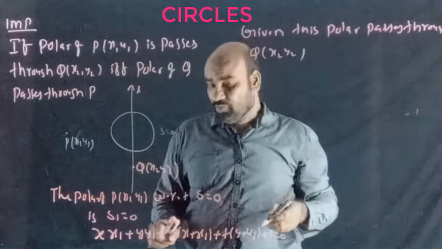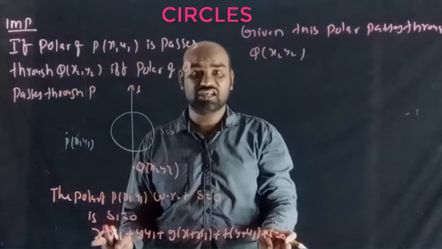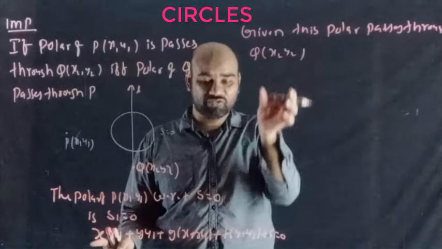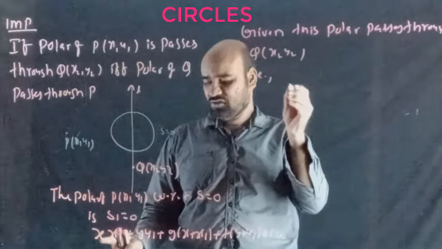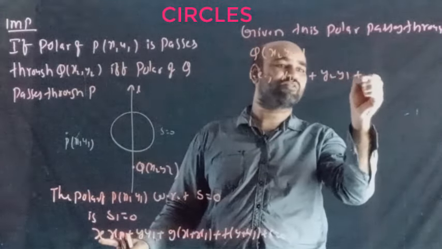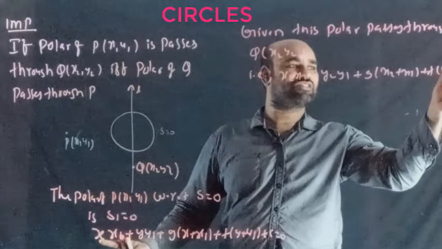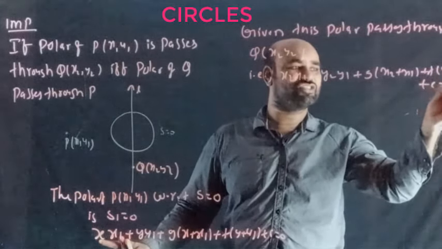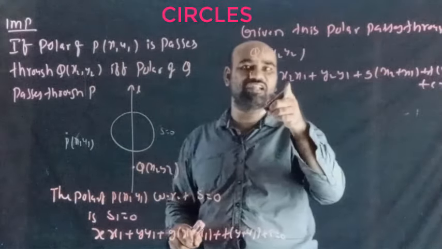Okay, this is a point on this straight line, which means this point should satisfy this algebraic condition. So that is x2 x1 plus y2 y1 plus g times of (x2 plus x1) plus f times of (y2 plus y1) plus c equal to 0. Okay, the polar of P passes through Q, then you will get this result.